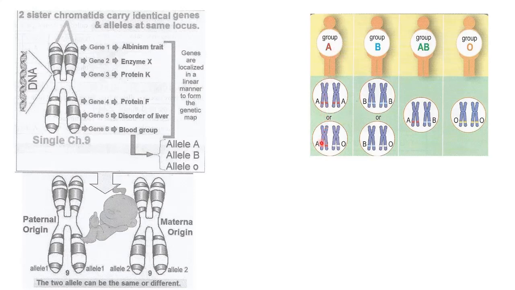Maybe in another case, an individual has 2 alleles A and O: A from his father and O from his mother, or the opposite.